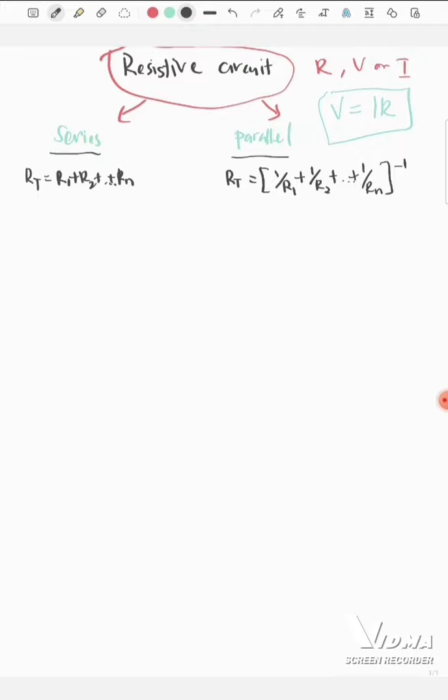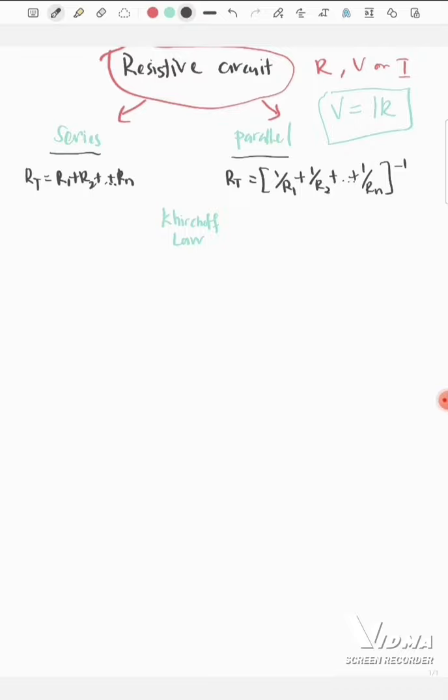Okay, after that you learn about the Kirchhoff. You know the Kirchhoff. Okay, and normally when we talk about the Kirchhoff law, it's either in terms of voltage or current. Okay, so whatever in terms of voltage normally involves the series part, and current involves the parallel.